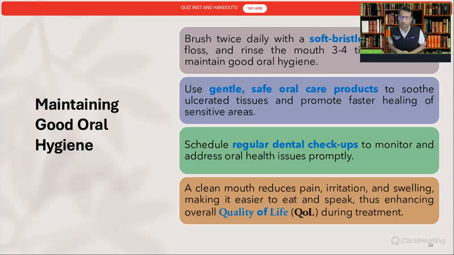So we have to avoid those things and use gentle, soft oral care products. By that I mean oral care products that are not made with any alcohols, chemicals, synthetics, dyes, fluorides, or strong fragrances, because these irritants are going to irritate the oral mucosa and make the situation worse.